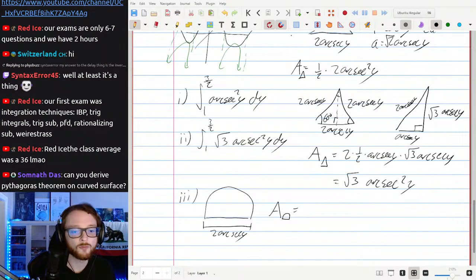The area of a semicircle is half of that, so 1/2 times pi. And then the radius we said is arcsecant, but we're squaring it. So the integral, wow, these integrals are all the same thing, just multiplied by a constant. That's kind of weird.